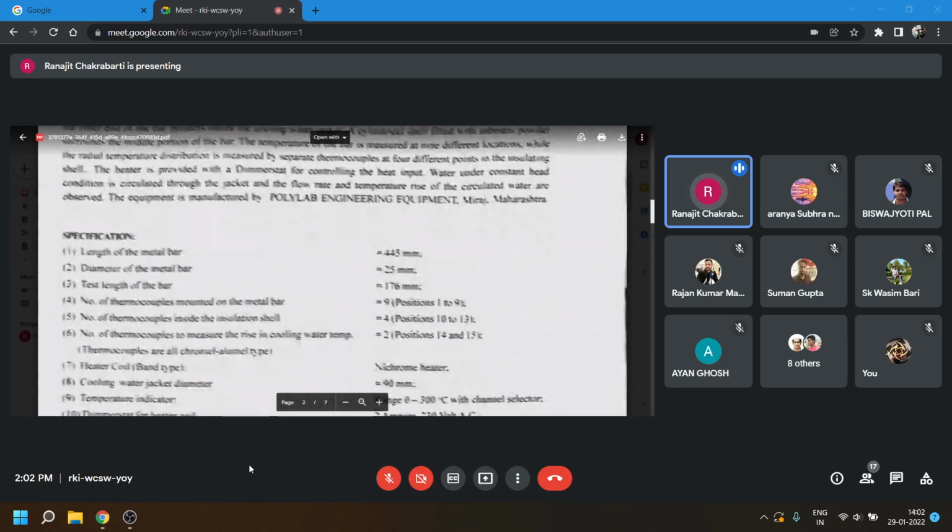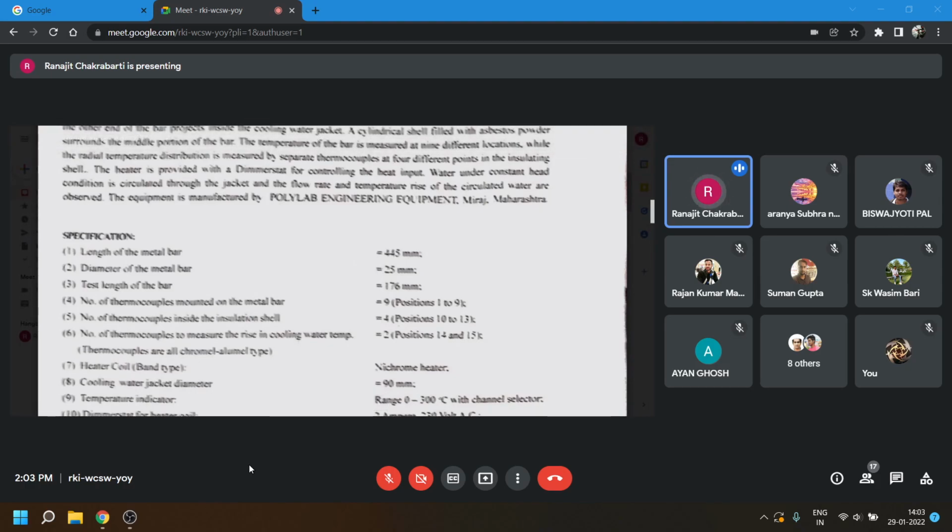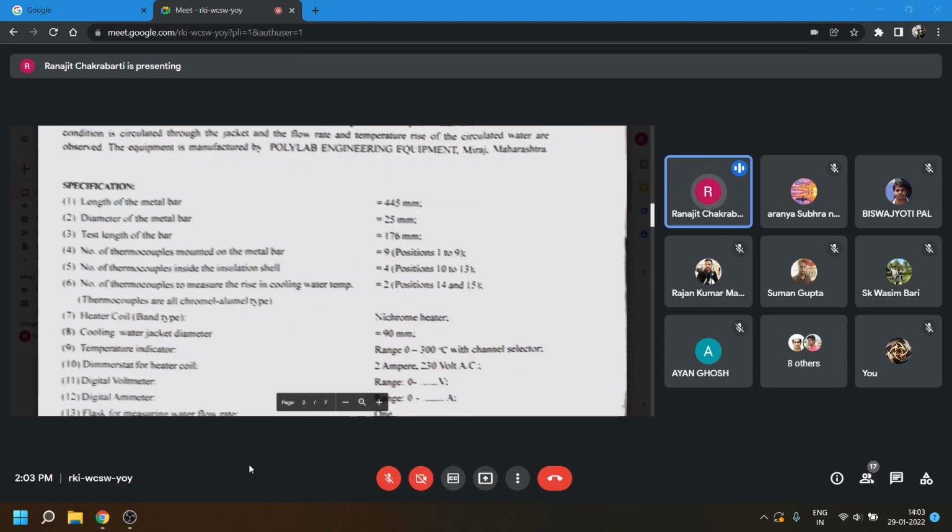These are the details of the rod: length of metal rod, 445 millimeter. Test length of the bar, 176 millimeter. All diameter is 25 millimeter. All these things are given, so you can easily do this.